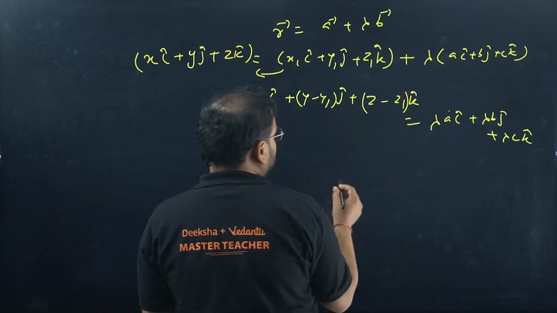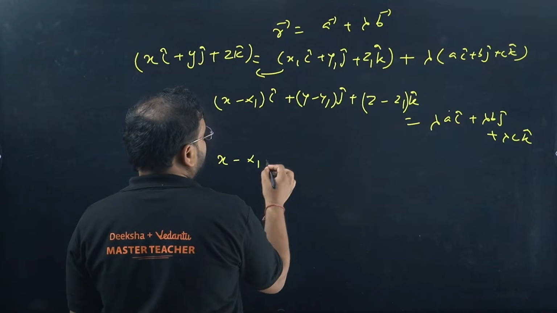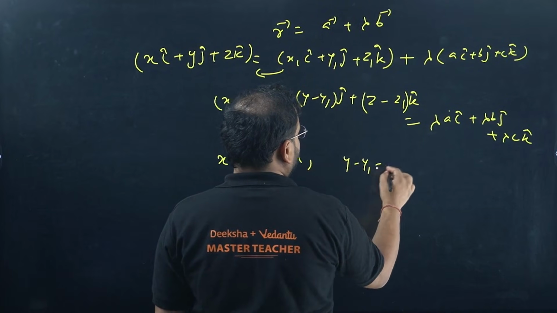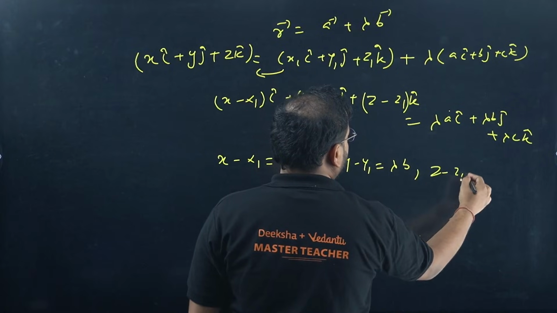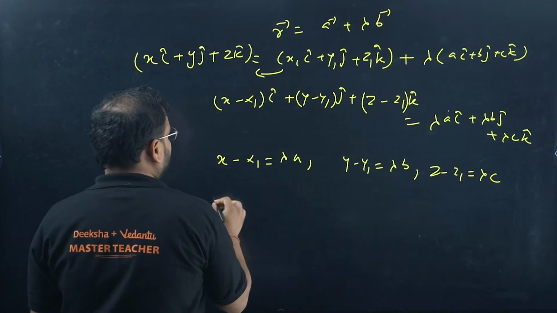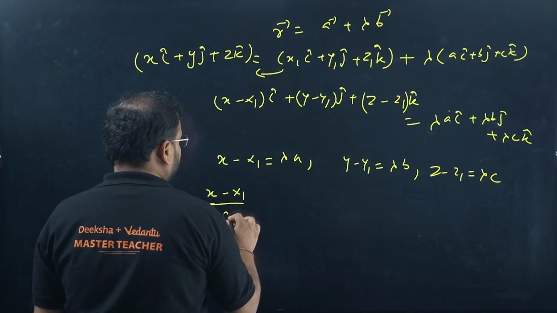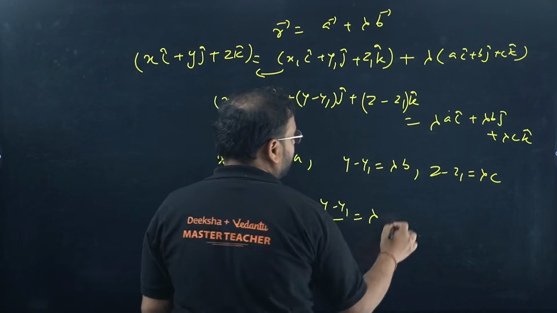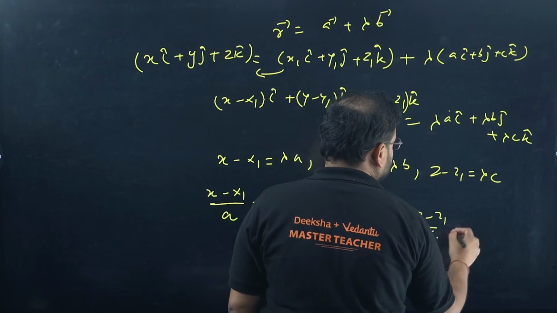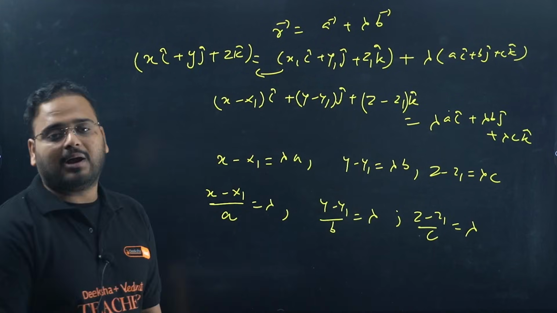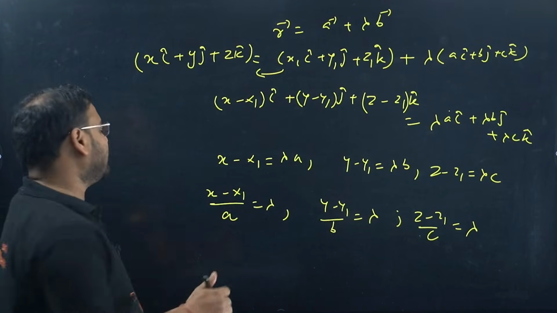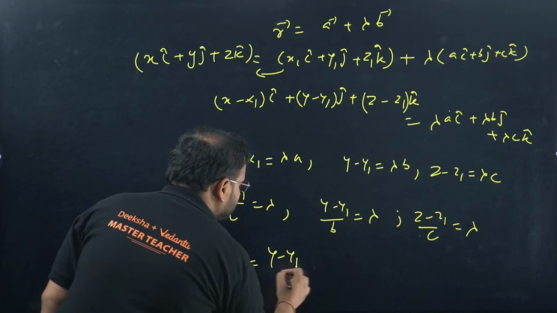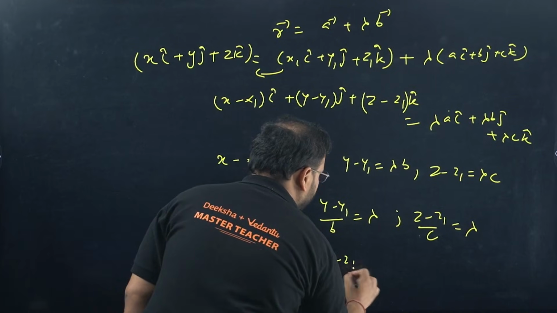So we get x minus x1 equals lambda a, y minus y1 equals lambda b, and z minus z1 equals lambda c. From here, x minus x1 upon a is lambda, y minus y1 upon b is lambda, and z minus z1 upon c is lambda. Since they are all equal to lambda, I can eliminate the parameter lambda and write this directly as x minus x1 by a equals y minus y1 by b equals z minus z1 by c.